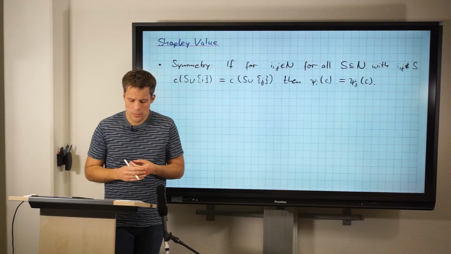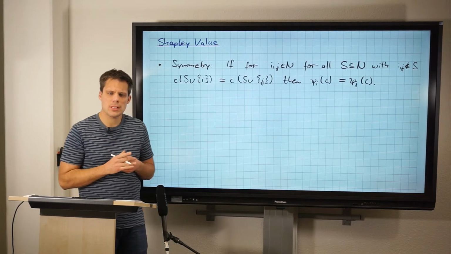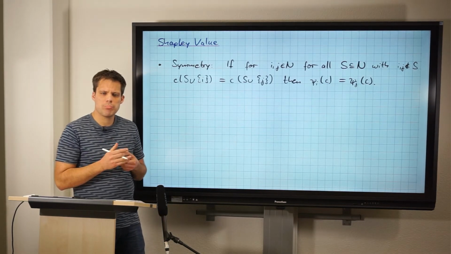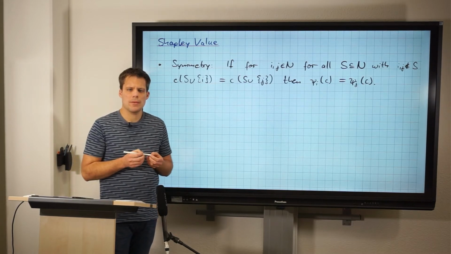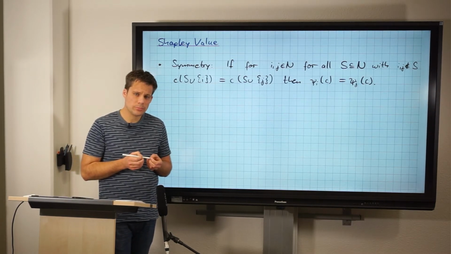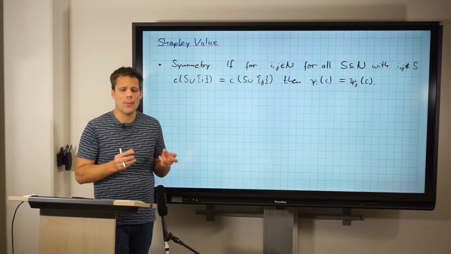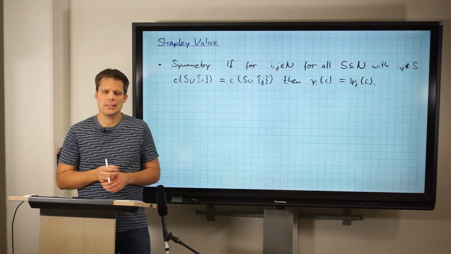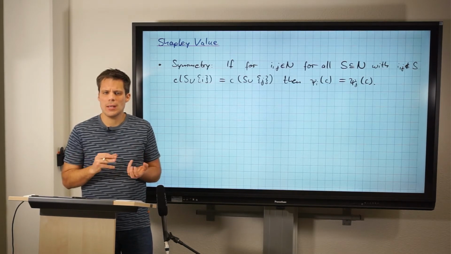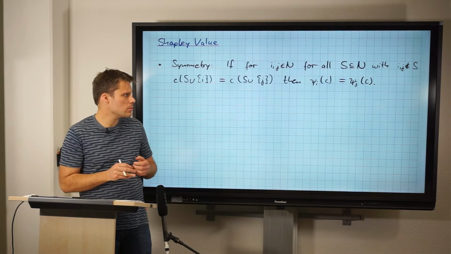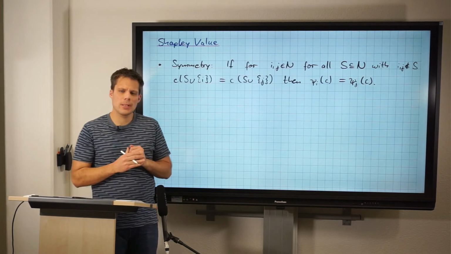So this is somehow representing what we, for example, see in the example of these train tickets, that there all agents are actually exactly the same. So why should they pay any different amounts? And this we can formalize in the following way.